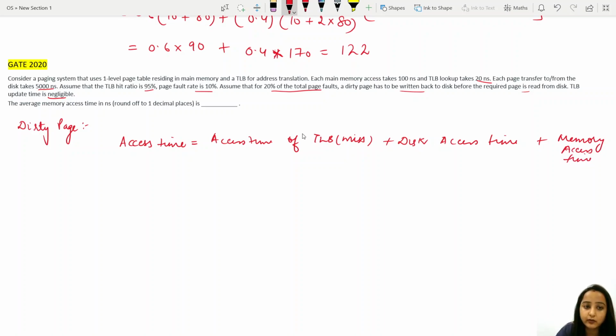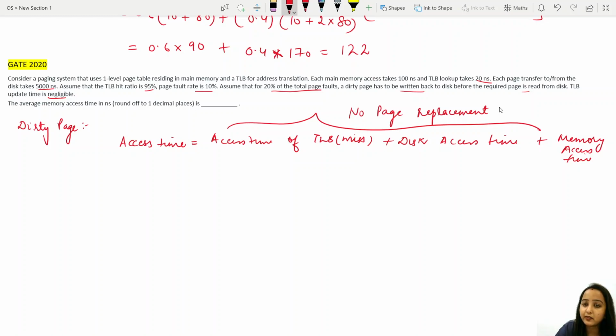Okay, so this is the scenario when no page replacement is required, which means there is some space in the main memory. If page replacement is required, it means there is no empty space in the main memory.